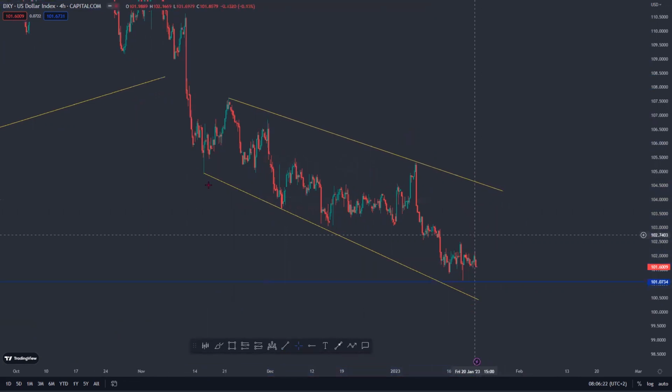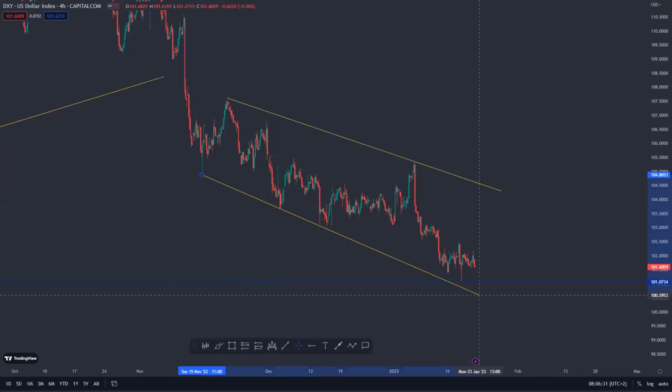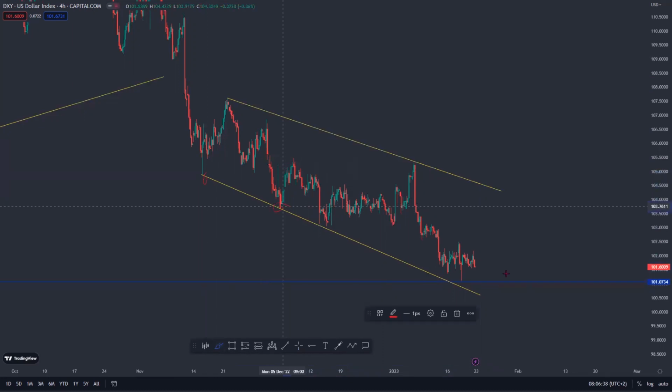On the 4 hour we are having our structure, which is this one. Looking at it, we're having a first touch, then our second touch. So probably waiting for the market to push to the downside and give us a third touch before going to the upside.